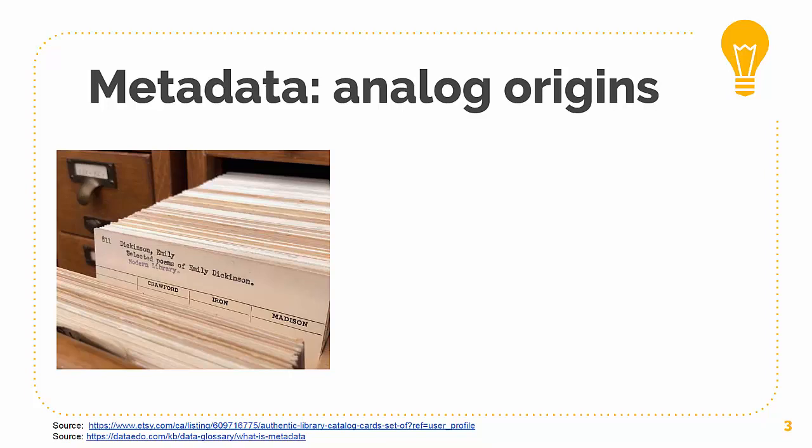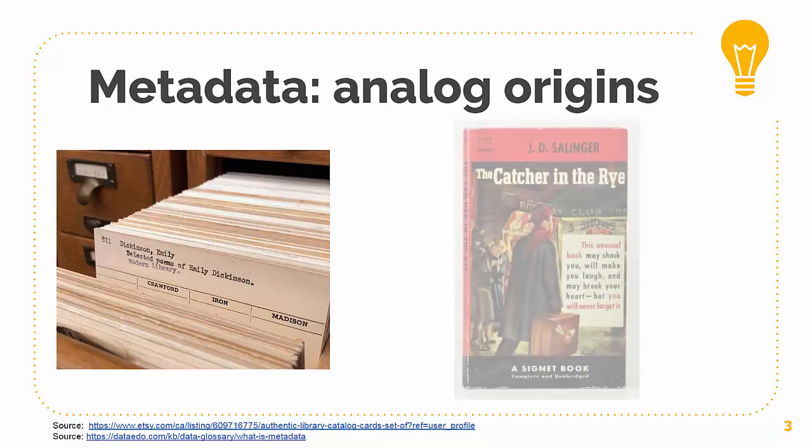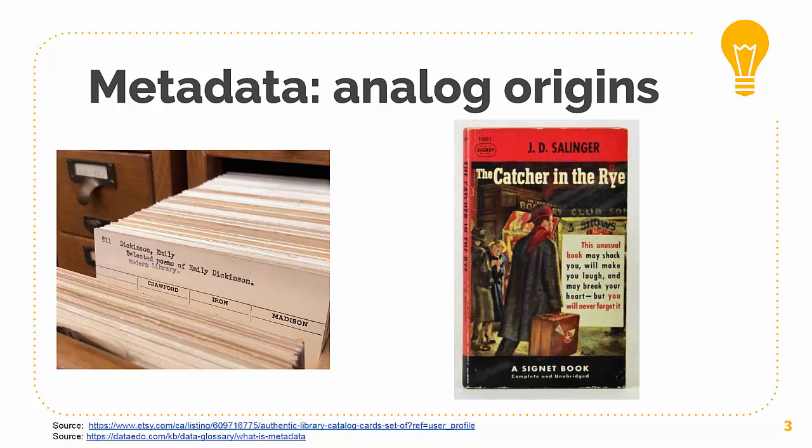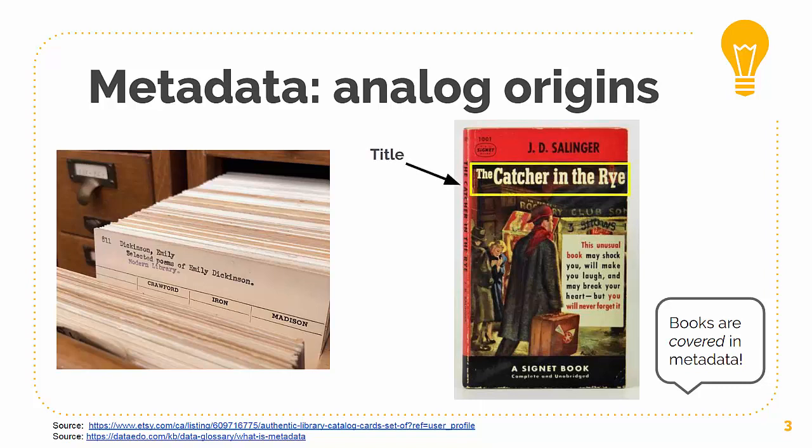Another analog example includes many physical objects that we're actually quite familiar with, which are covered in metadata. So for example, the cover of a book. It's covered in metadata, so information about the book. So we have the title here, The Catcher in the Rye.